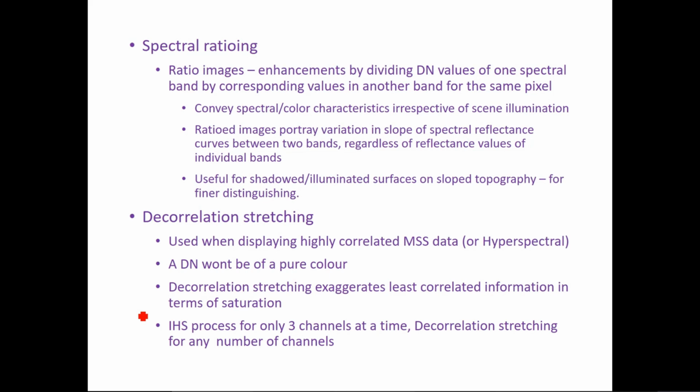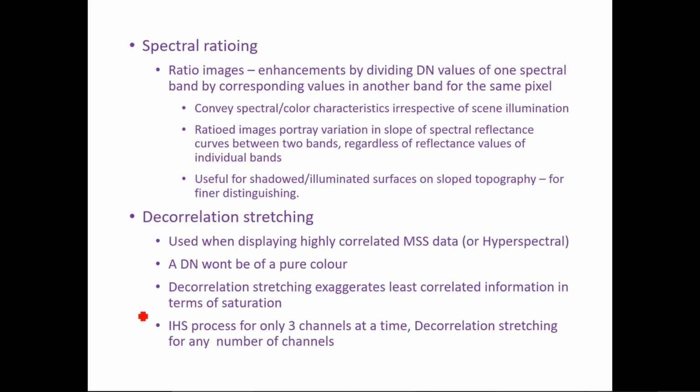In the previous one, in IHS color transformation, you processed only 3 channels at a time: band 1, band 2, band 3, or band 2, band 3, band 4. You assign some colors to them. But in decorrelation stretching, you can do this for any number of channels. You can assign the colors for any number of channels.